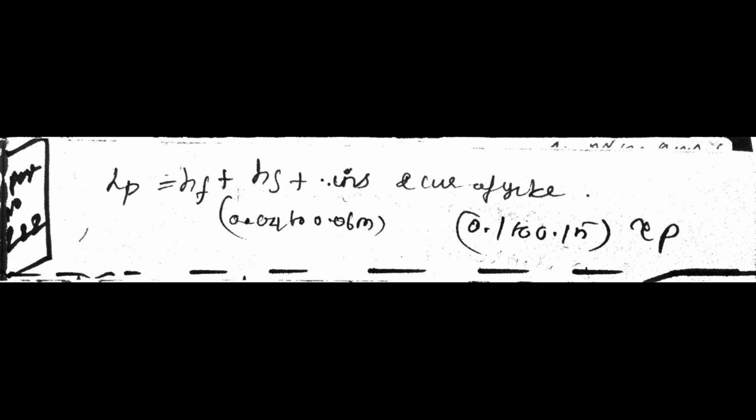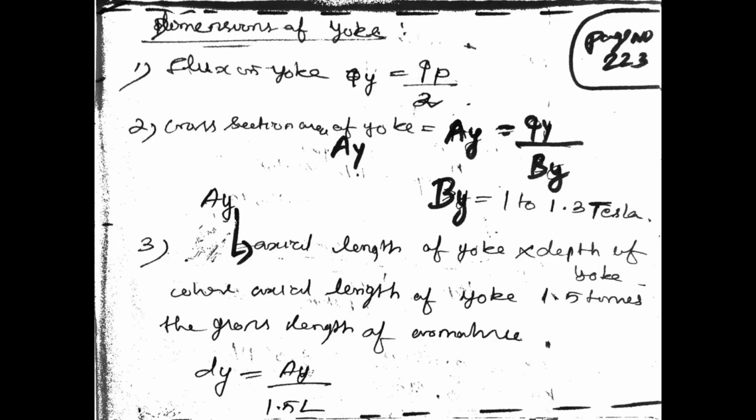HP is the height of pole. Insulation and curvature of yoke is 0.1 to 0.15 tau P, where tau P is the pole pitch. HS is equal to 0.04 to 0.06 meter. Dimension of yoke: first point, flux in yoke, phi Y is equal to phi P divided by 2.